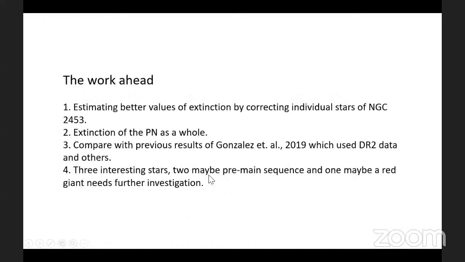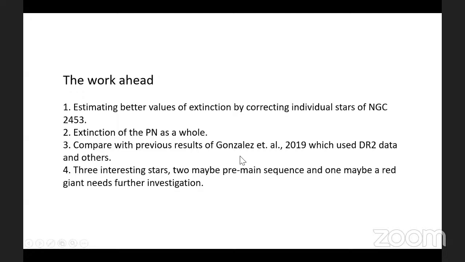So the work ahead, which I would like to do, probably as part of Astro Sprint, is having better values of extinction of NGC 2453 by calibrating each and every one of these 81 stars. Then the extinction of the planetary nebula is a very different aspect in itself, so I would like to address that.